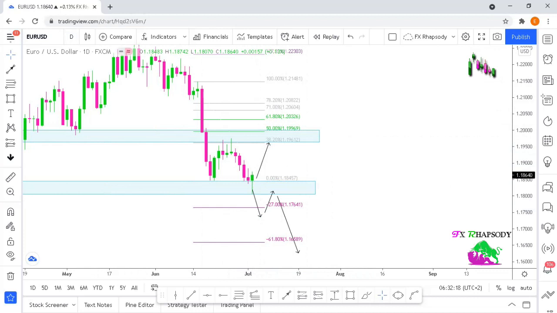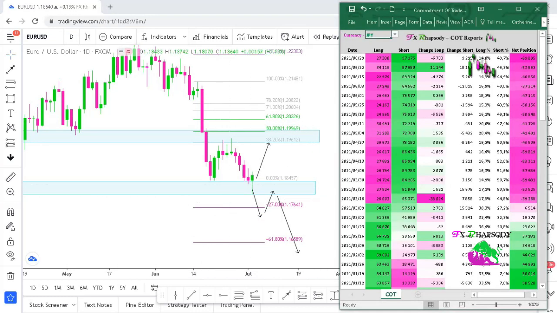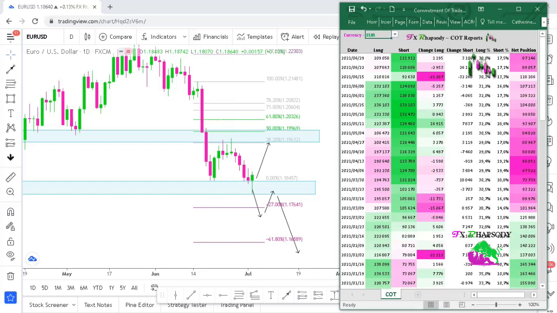Let's see what the Commitment of Traders is saying. We're looking at the euro. From a euro perspective, we can see that the net positions went from 118,000 to 89,000 to 87,000, meaning it's getting less.